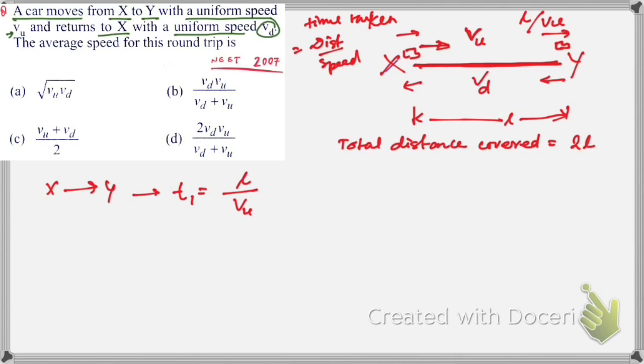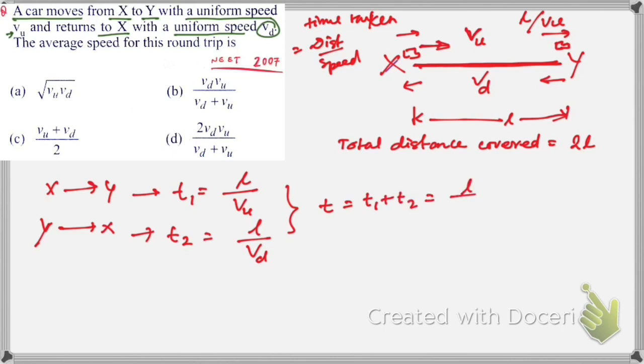Then again from Y to X, while it is coming back, the distance is the same L, and the uniform speed is VD, right? So this is the time. So total time will be T is equal to T1 plus T2, that's going to be L by VU plus L by VD.